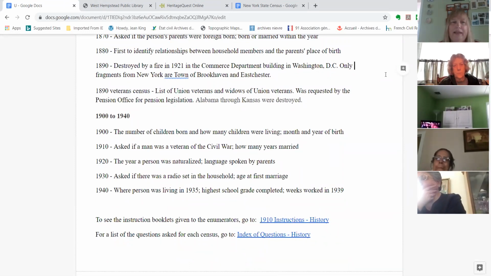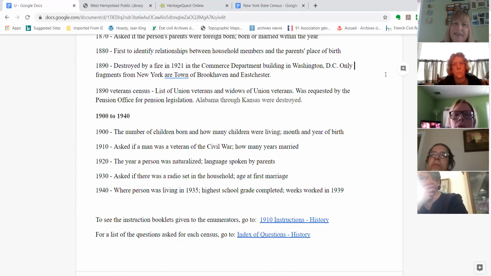If you had a relative in 1890 that was a veteran of the Civil War, there is an 1890 veteran census that lists Union veterans and widows of Union veterans. And this was taken at the request of the Pension Office as they were developing legislation for pensions for veterans.